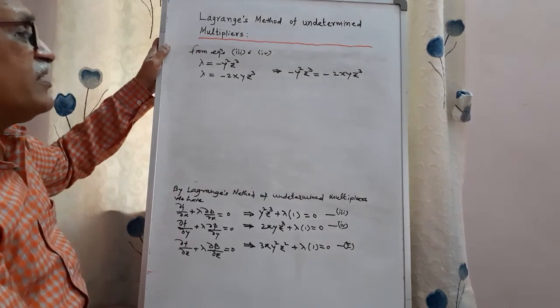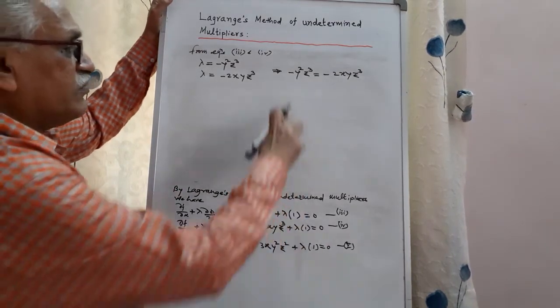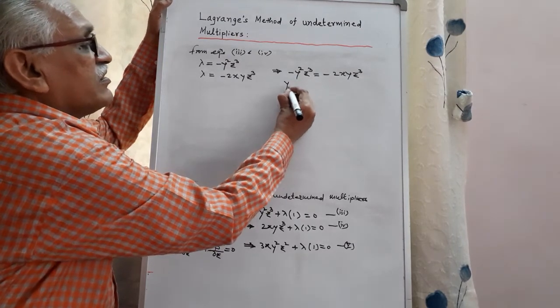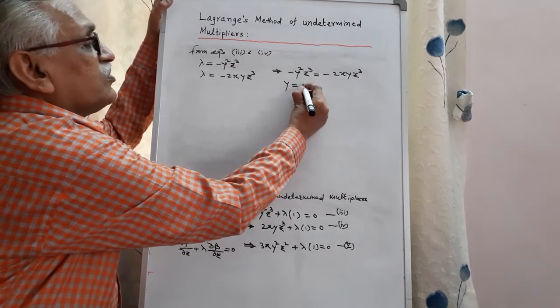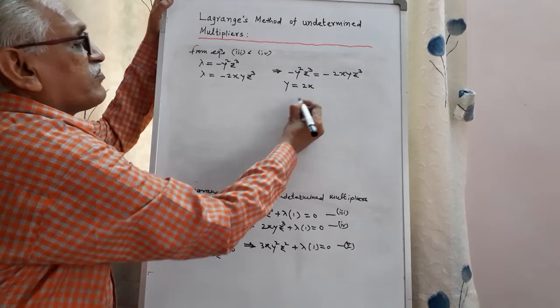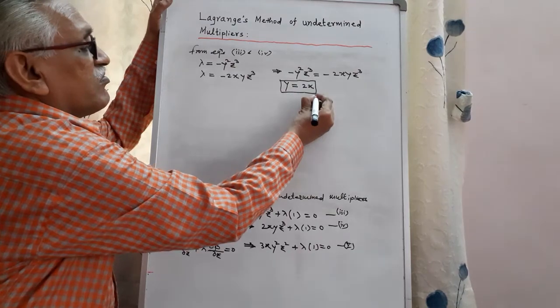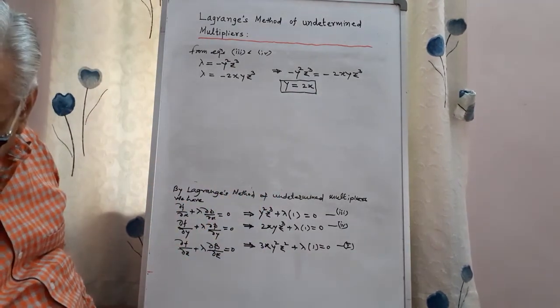Z cube gets cancelled, one y gets cancelled, minus minus becomes plus, and here it remains y is equals to 2x. We get y equals to 2x.